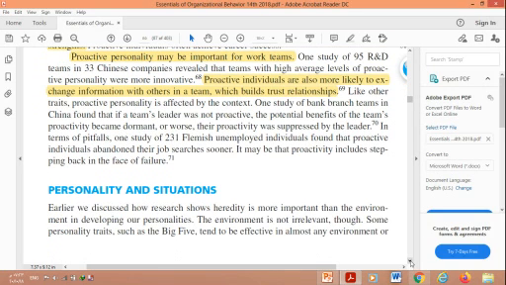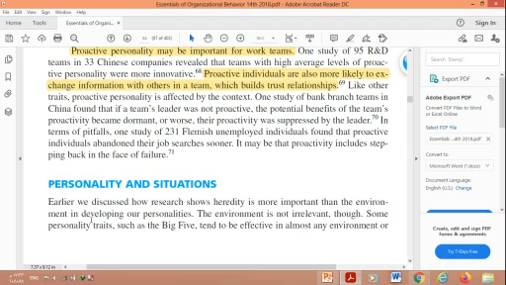So, personality and situations. Earlier we discussed how research shows heredity is more important than environment in developing our personalities. We said that both heredity and environmental factors shape our personality, but heredity is more important than environmental factors.